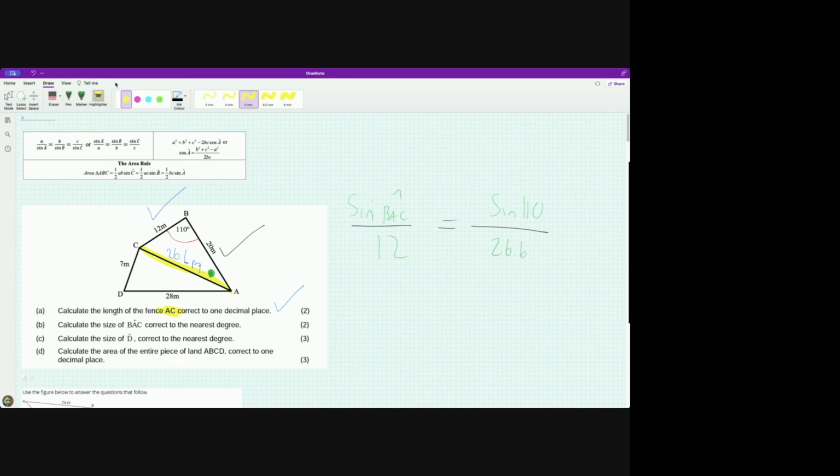Now you still have to do some work, so I'm going to give you some more time. What is the size of this angle? That's what you need to work out for me. The 12 is a bit in the way, and the sine that's connected to the BAC. What do we get there?